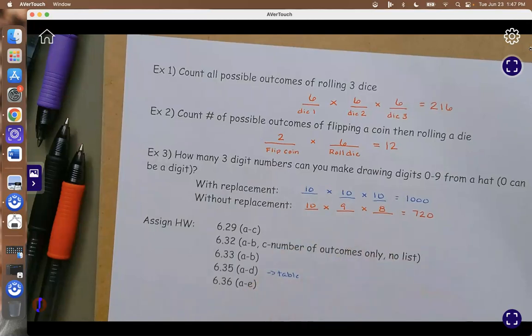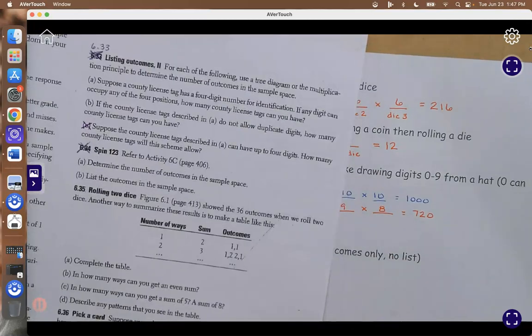Okay, so if you look here, it says rolling 2 dice. It shows the 36 outcomes when we roll a dice. Another way to summarize these results is to make a table. Okay, so what we're going to do is we're going to make a table. Okay, and I'm going to make it at the bottom of this sheet.